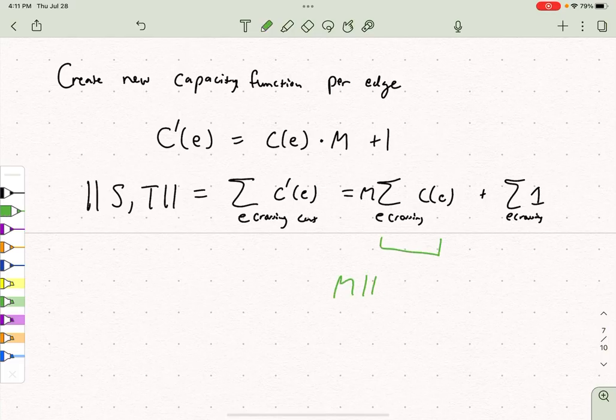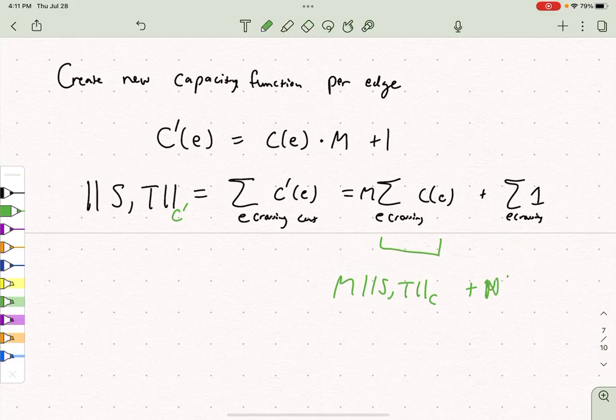So we get M times the capacity of ST, where this one is with respect to the new capacity C prime, and this one is with respect to C. And that other sum is just 1 for each edge crossing, so it's just the number of edges crossing.